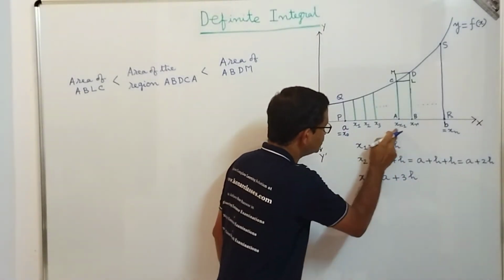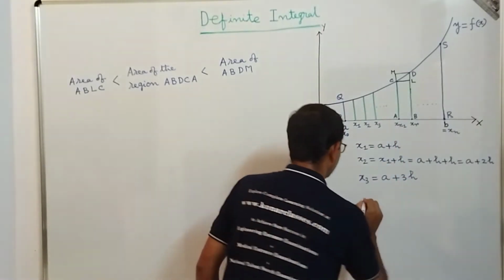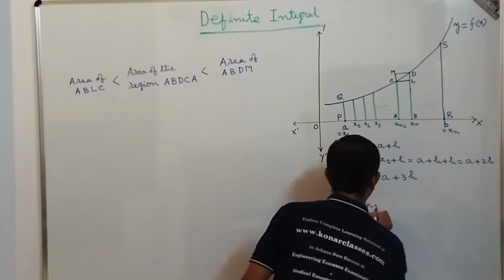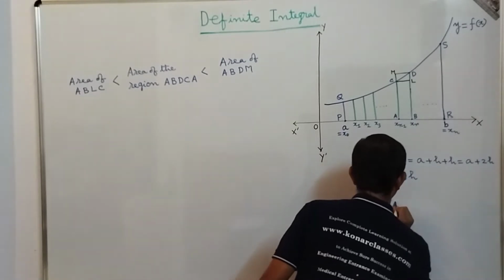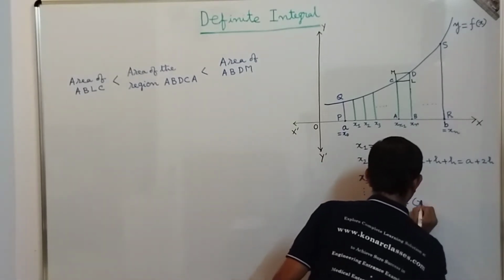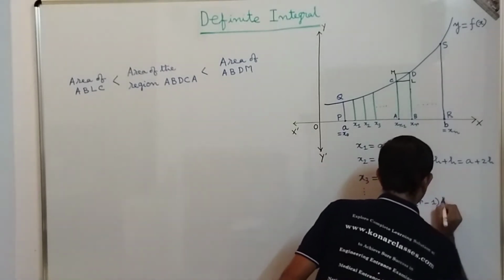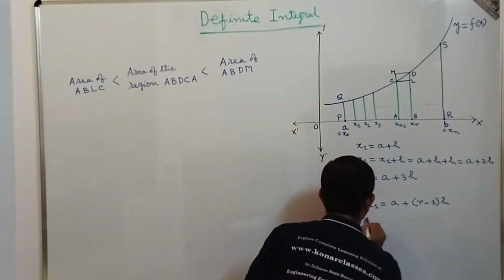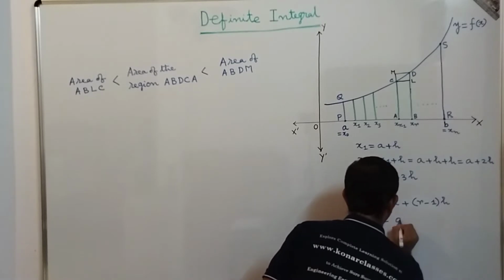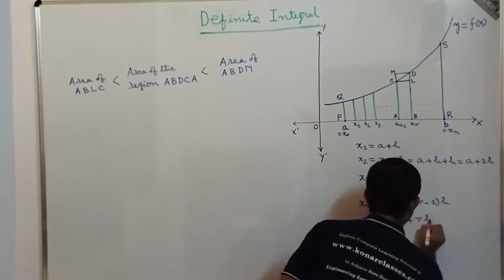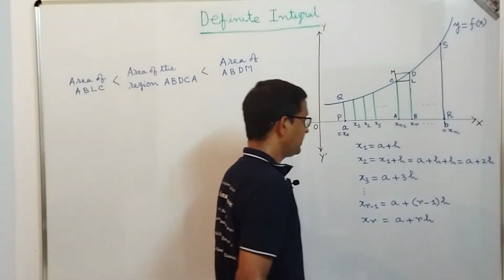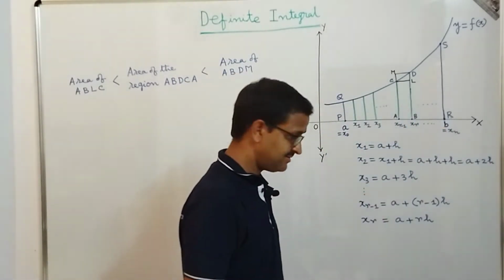If we reach x(r-1), we get x(r-1) equal to A plus (r-1) into H. What is the value of xr then? The value of xr is A plus r into H. And in that way we go till the point B. B is nothing but xn, correct?